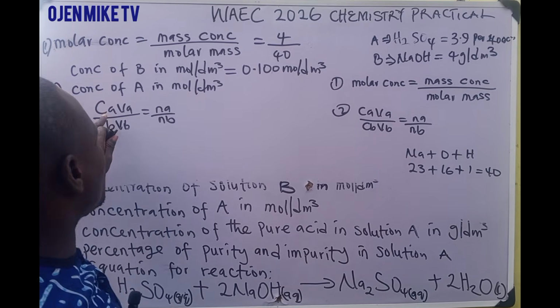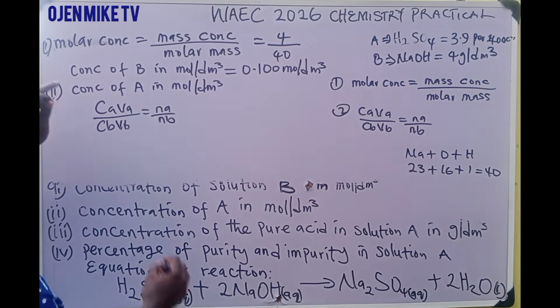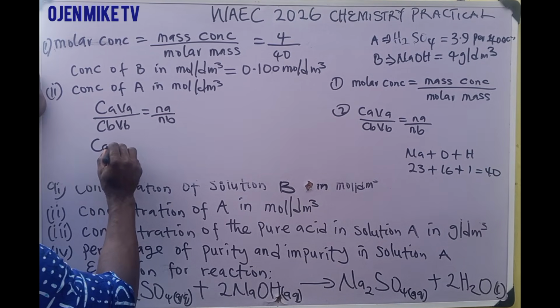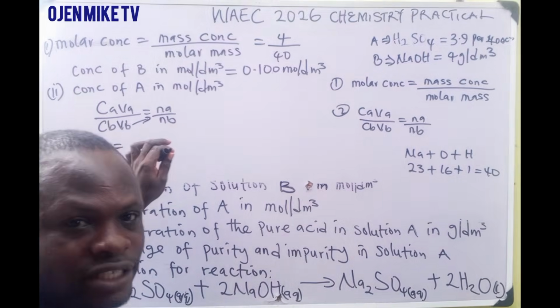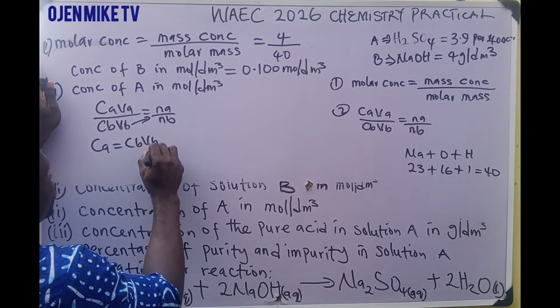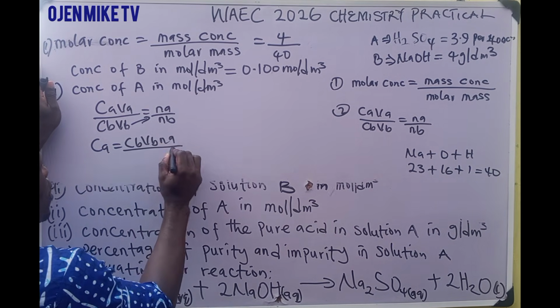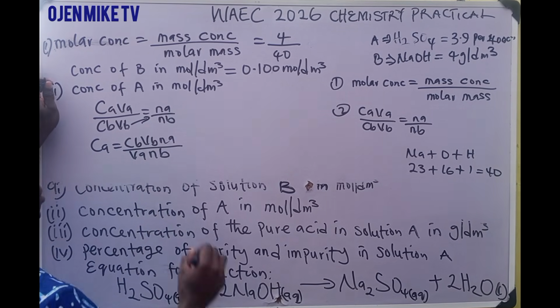Now we are going to make CA the subject of the formula. CA is equal to, cross multiply, the one that has 3 parameters will go up. So we now have CBVB NA over VA NB.